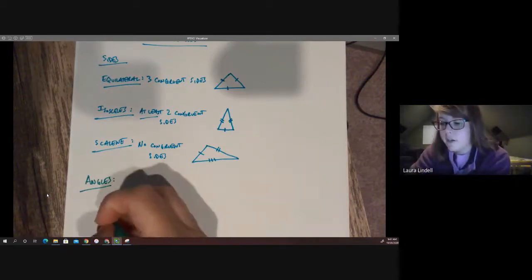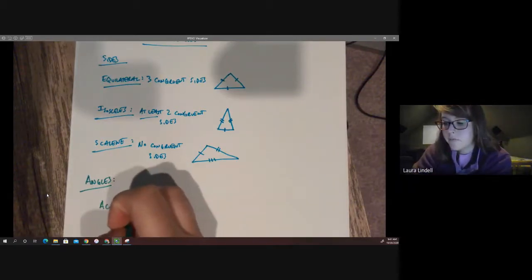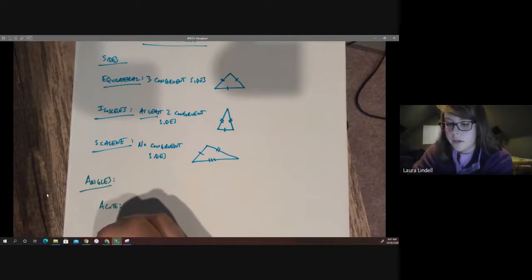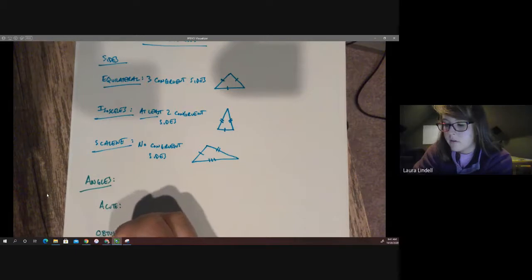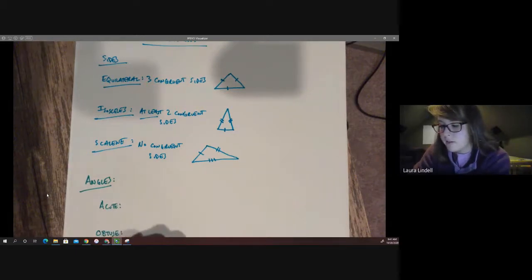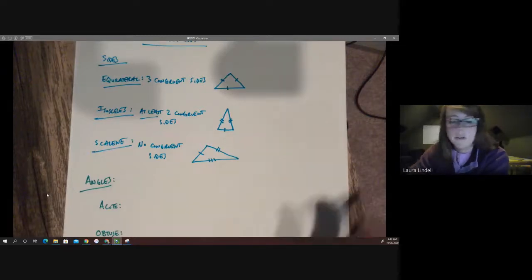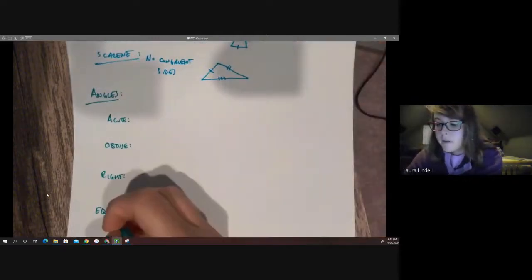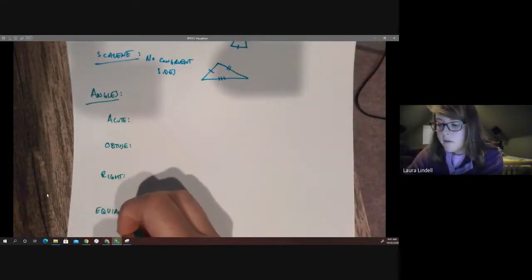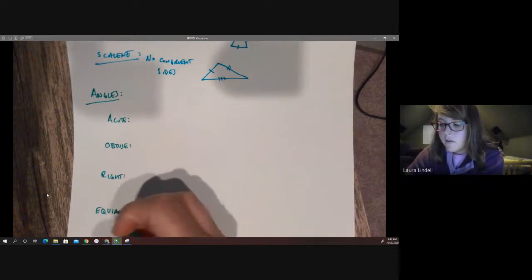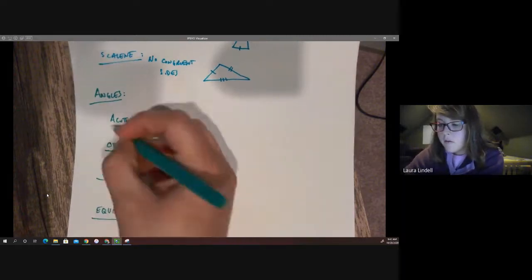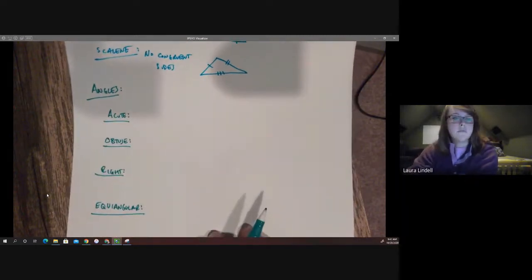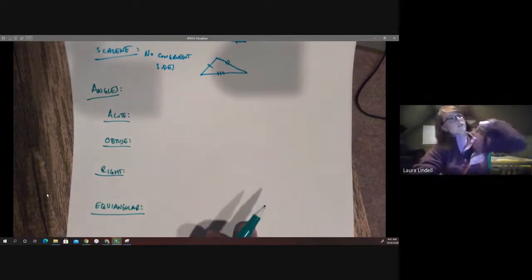So we have acute, we have obtuse, we have right, and we have equiangular. Acute, obtuse, right, equiangular. Okay.